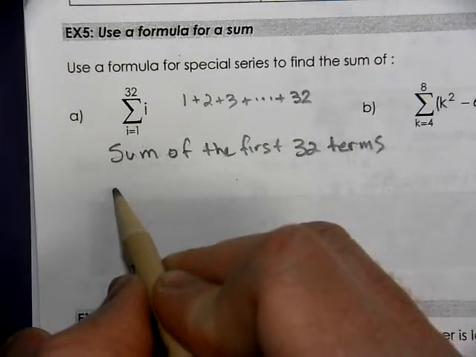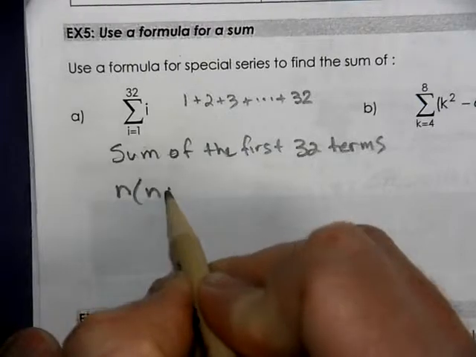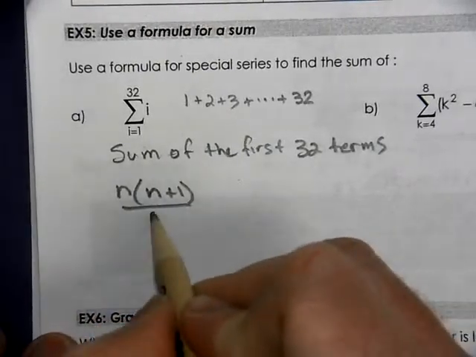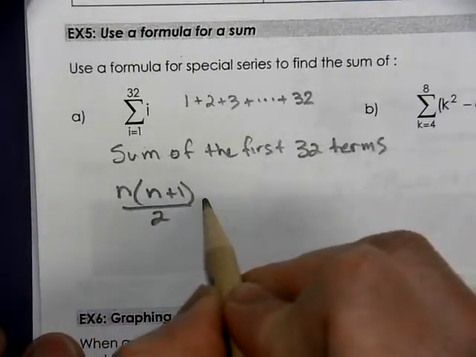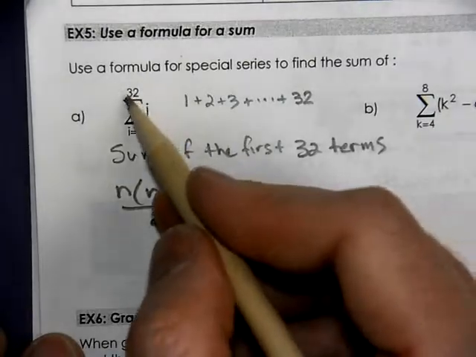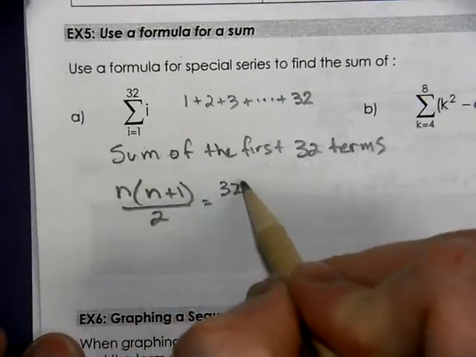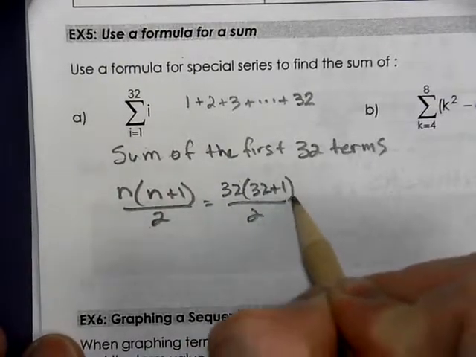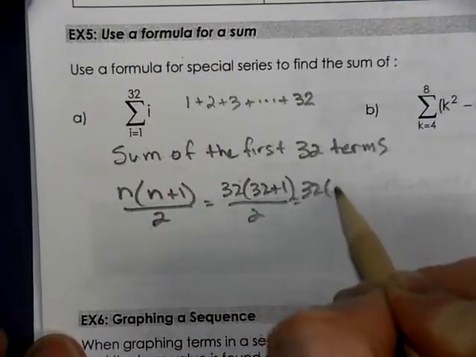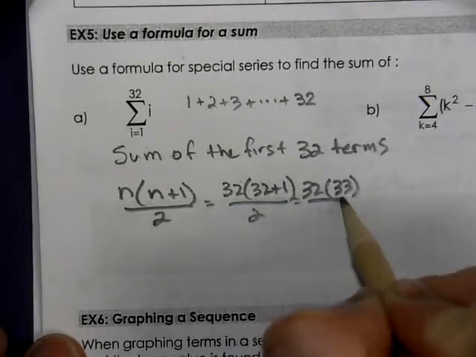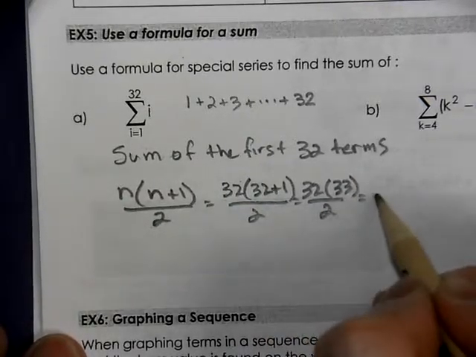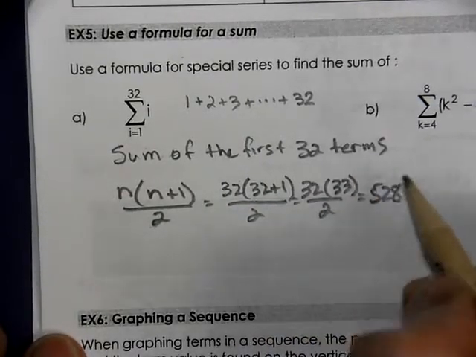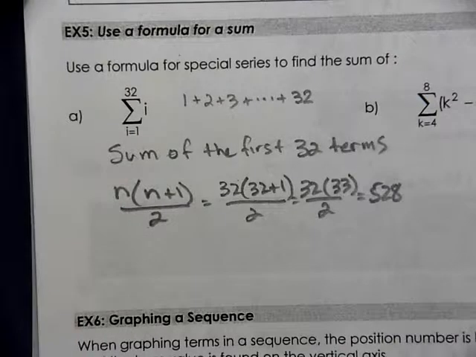So we're going to take our formula n times n plus 1, divided by 2. n in this case happens to be 32. 32 plus 1. That gives us 32 times 33, which gives us 528.